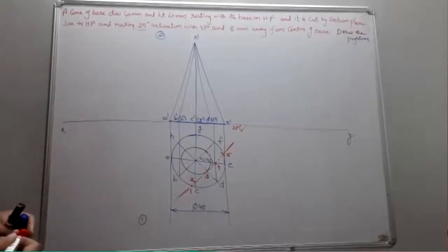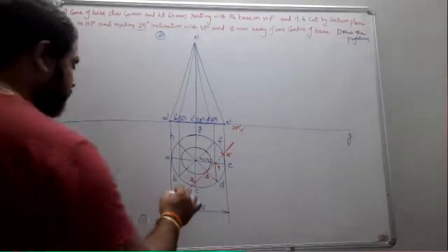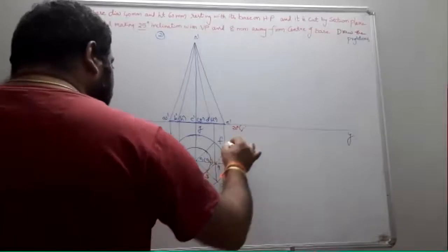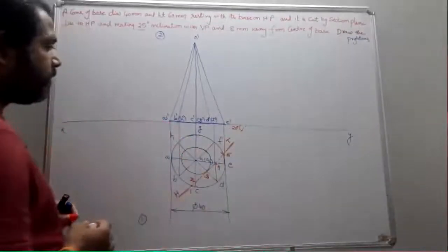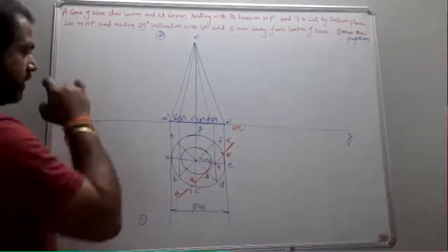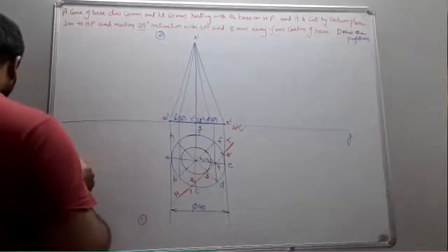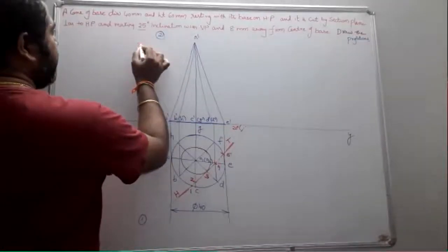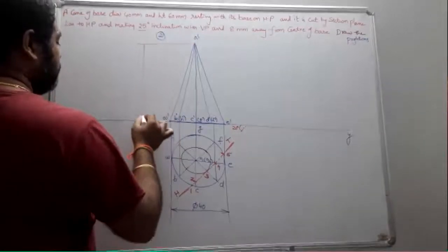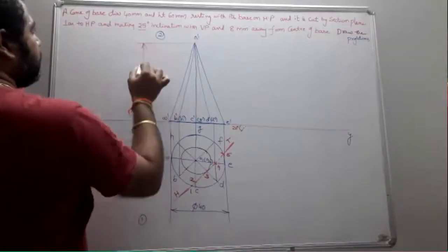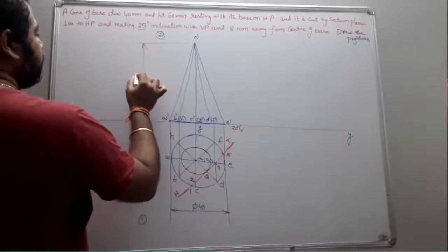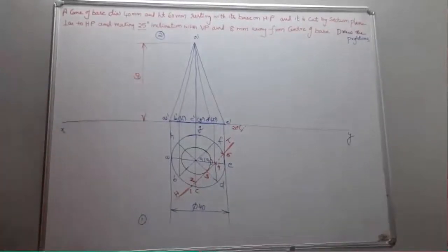Now, this becomes your horizontal trace, HT. That becomes your horizontal trace, HT. And the height of the solid, we know the height of the solid is 60.